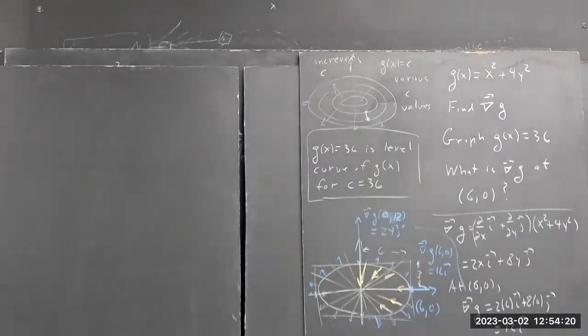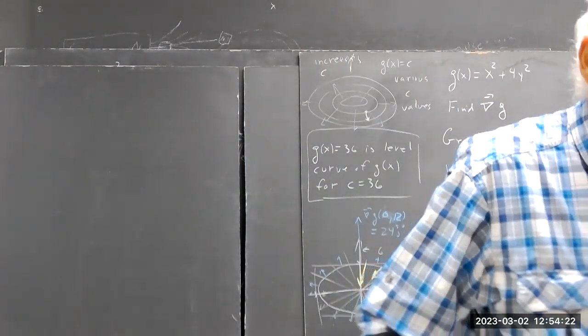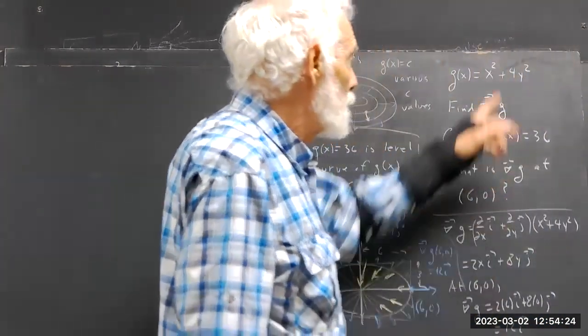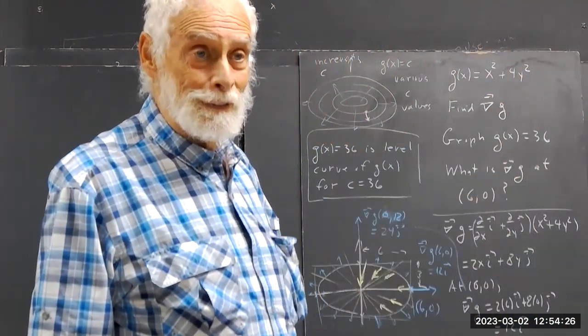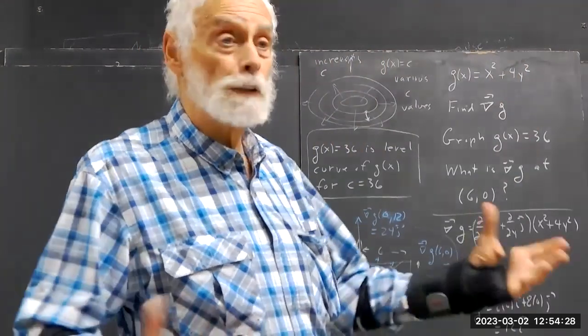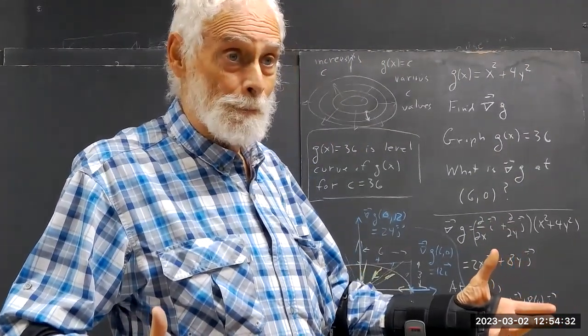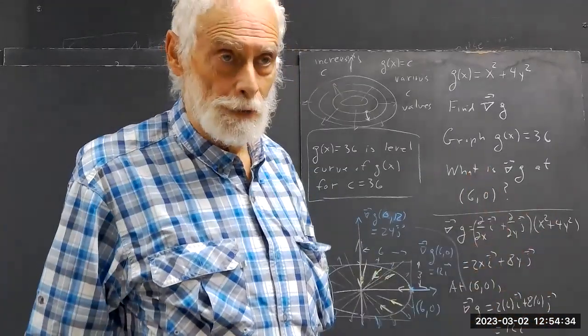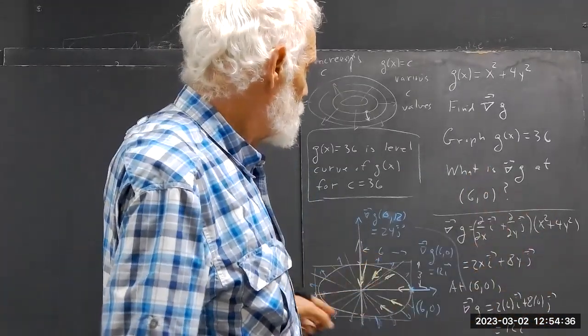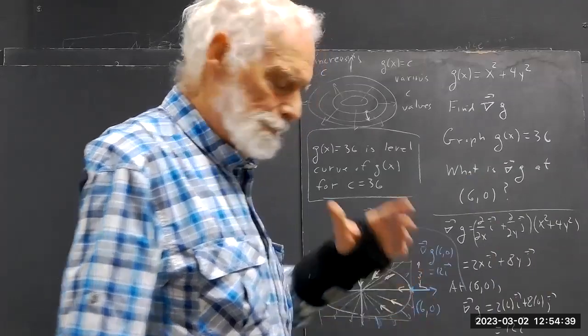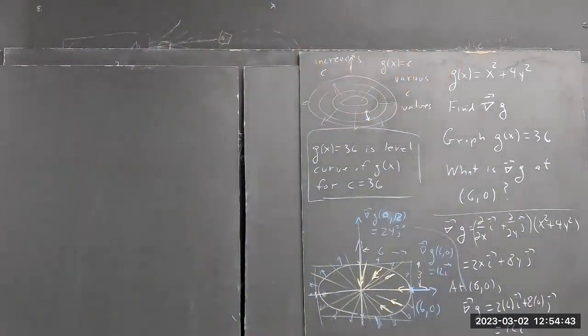And if you go into higher dimensions, whatever this function is, its gradient has to be parallel to the vector field that you're trying to maximize, or to the quantity that you're trying to maximize. In this case, we weren't really worried about the vector field, but we'll talk about that.